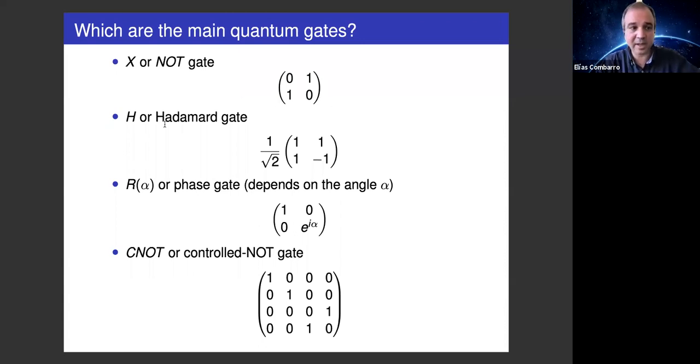We also have the Hadamard gate, which is very important because it allows us to create superposition: from a qubit in state 0, we can create a state that is in a superposition of 0 and 1. We also have the phase gates, and the controlled NOT gate, which is very important because it allows us to create entangled states.